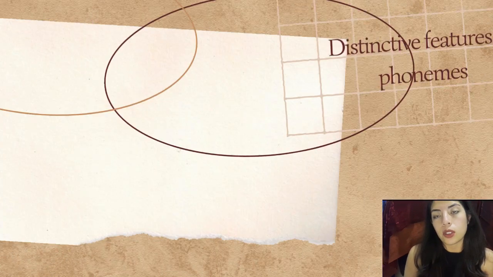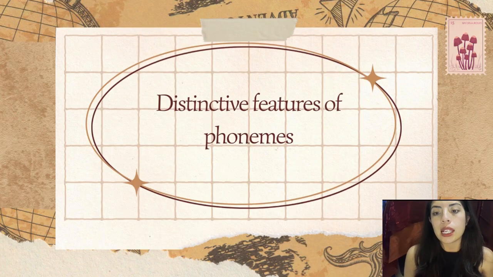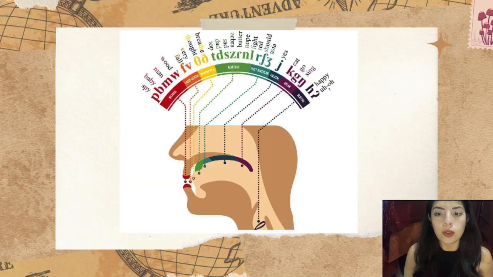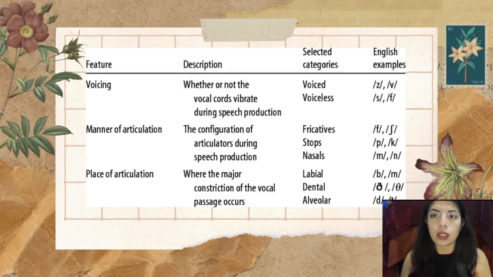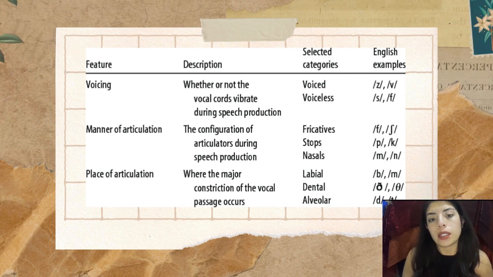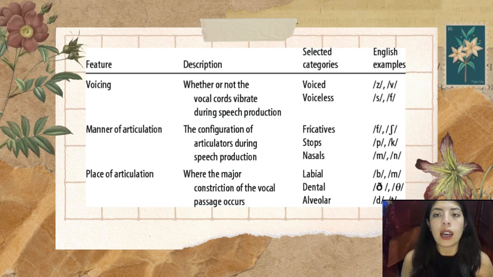Finally, distinctive features of phonemes are the smallest units of sound that can distinguish one phoneme from another. It also depends on how and where the phoneme is articulated. In other words, it could be voicing, that is whether or not the vocal cords vibrate during speech pronunciation, and it could be voiced and voiceless.